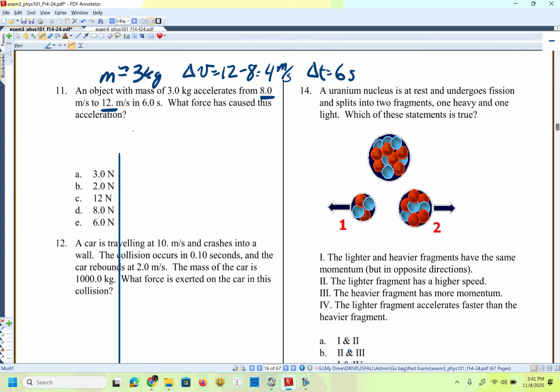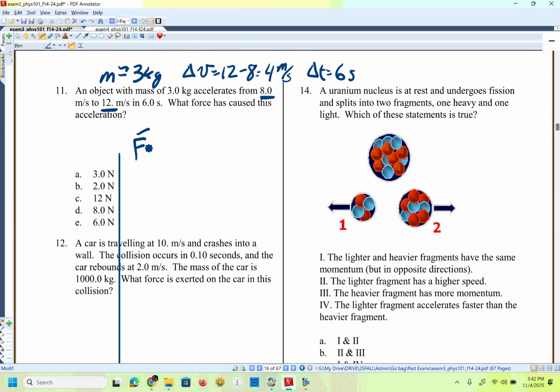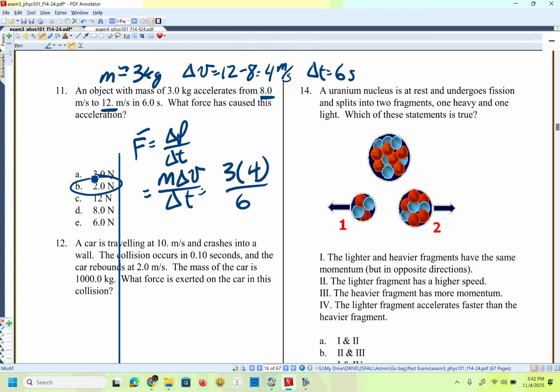And so to find the force, I say, why is that doing it? To find the force, I say that force is equal to delta P over delta T. My delta P is m delta V over delta T. That's going to be 3 times 4 over 6. That's 12 over 6. That's 2 newtons.